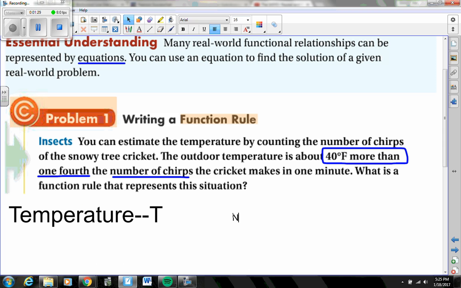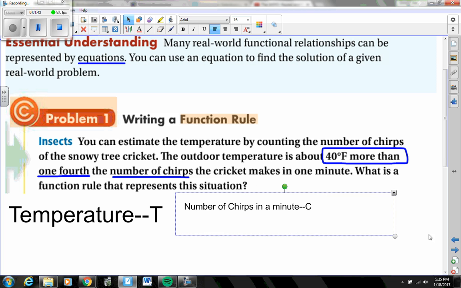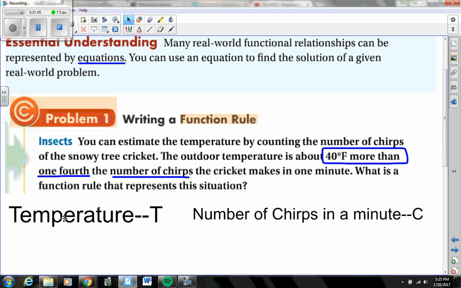The other one is the number of chirps that I count in a minute, and I'm going to use C for that, C for chirps. So I have temperature, which is going to be T, and number of chirps in a minute, which is going to be C. And now I just need to write an equation that relates these two variables to each other.